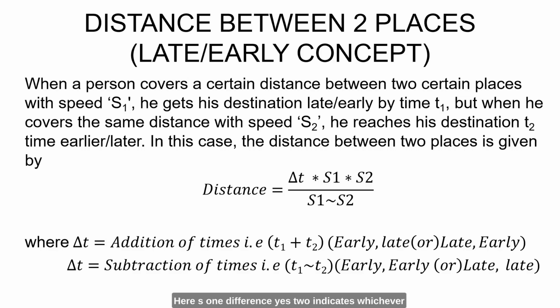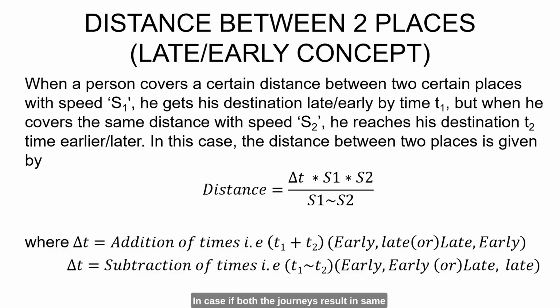Here s1 difference s2 indicates whichever speed is larger can be used as the first quantity in the denominator, whereas del t refers to the addition of the times of the two journeys if the concept has a mixture of early and late, or late and early.